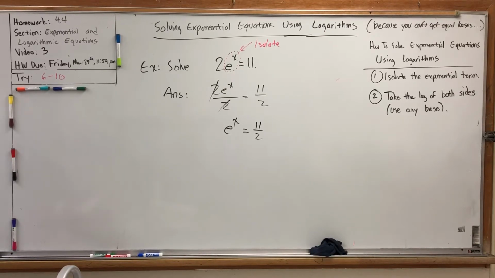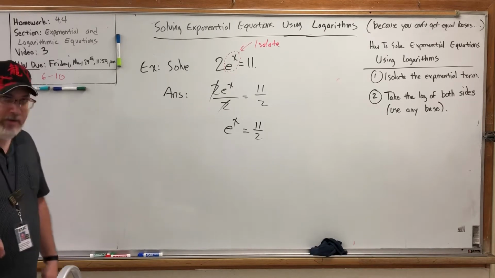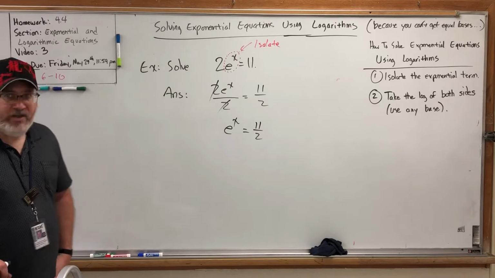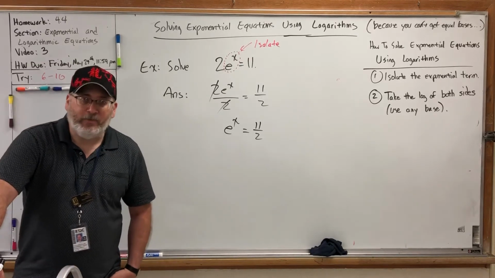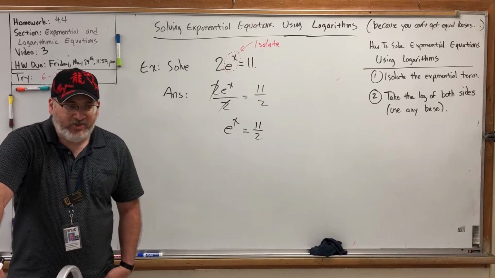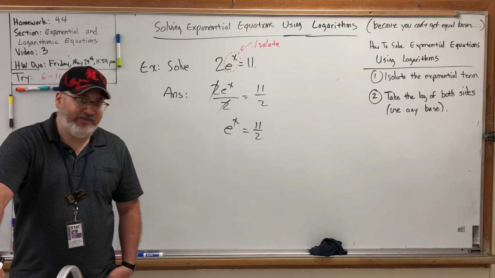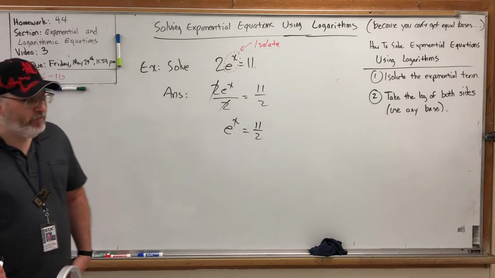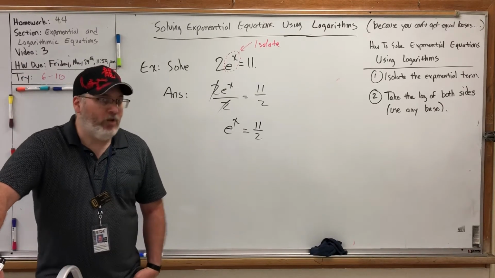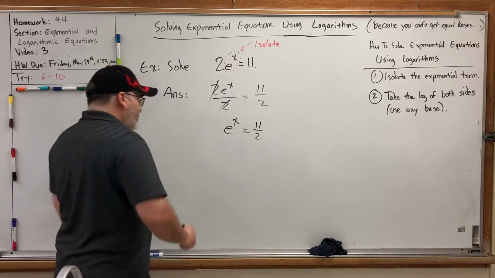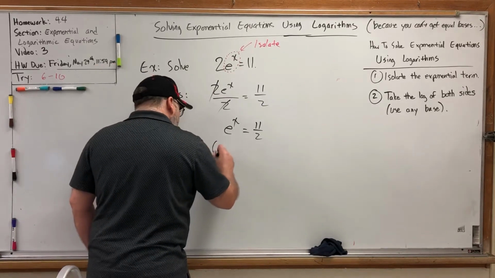It says natural logarithm or common logarithm, so log or ln. That being said, I would always use ln with one exception. If the base is 10. Because if the base is 10, using a log of base 10 makes sense. Otherwise, I would just use ln. And for those of you going into calculus, ln will always be the logarithm of choice. So, let's natural log both sides.